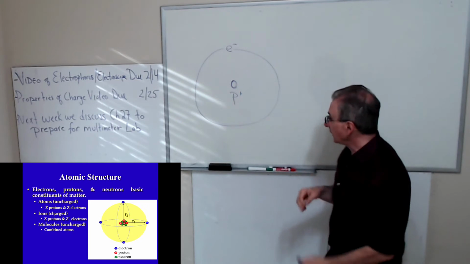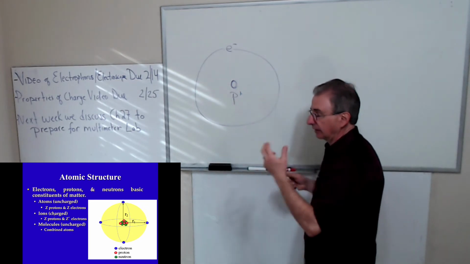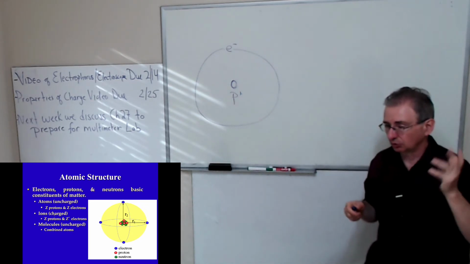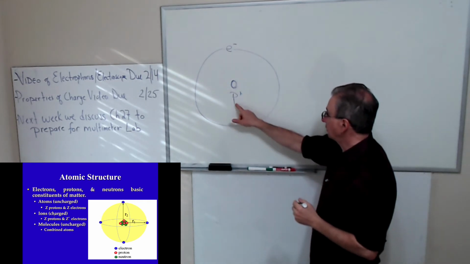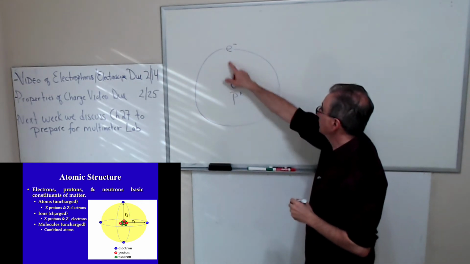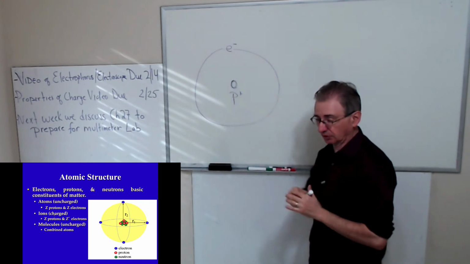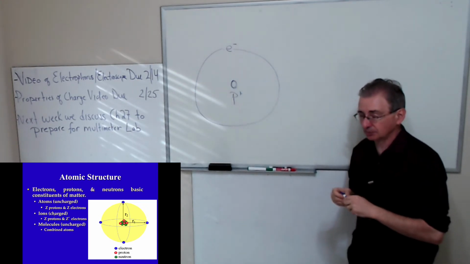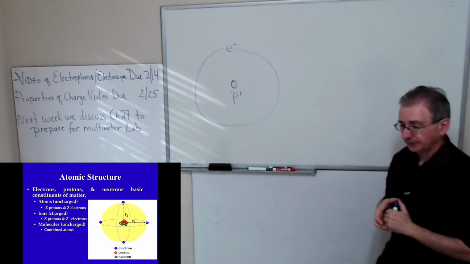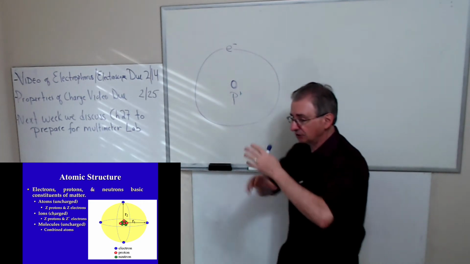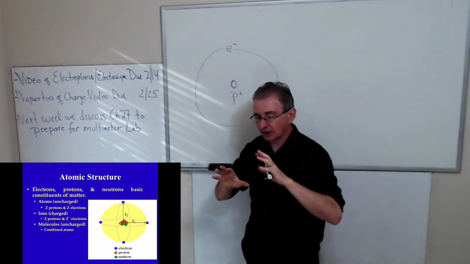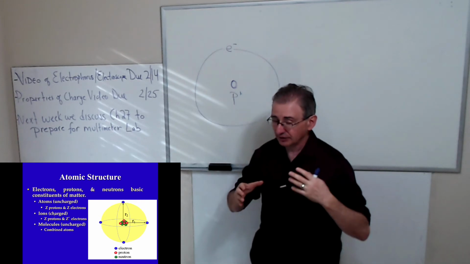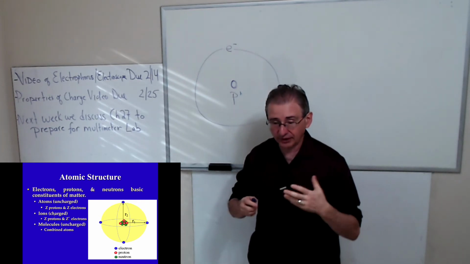And so if you have something like uranium, it has 92 of these protons and 92 of the electrons if it's neutral. And it has a bunch of neutrons in it. Okay, if you have an atom and you can vary the number of neutrons in it, then you have something called an isotope. You have different isotopes of an atom.